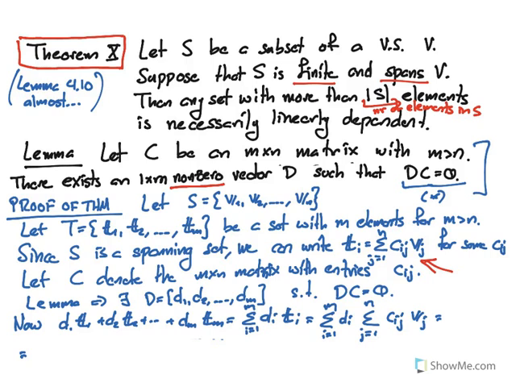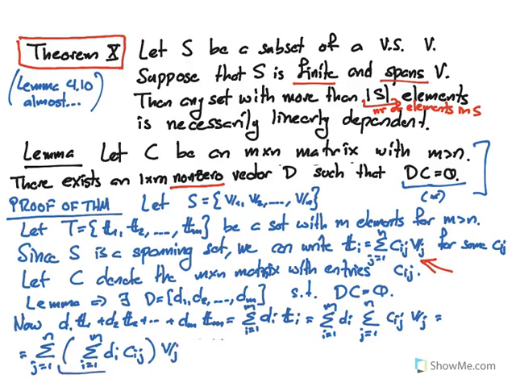So I'll put the sum over j on the outside, and then on the inside I get the sum over i, and then the vj's on the outside.